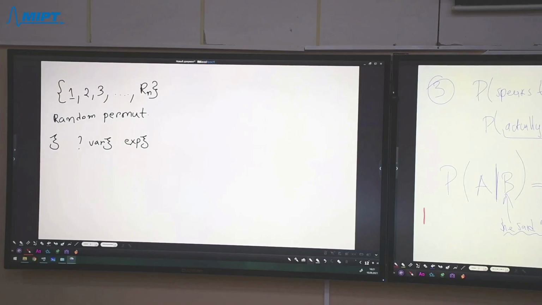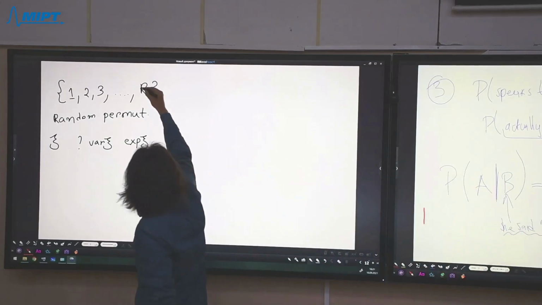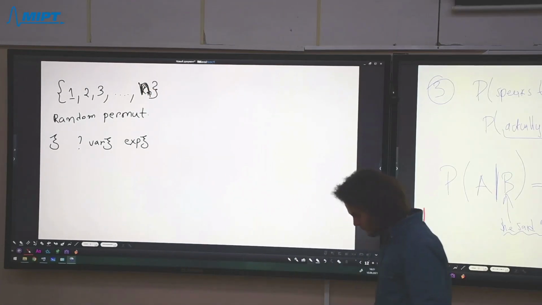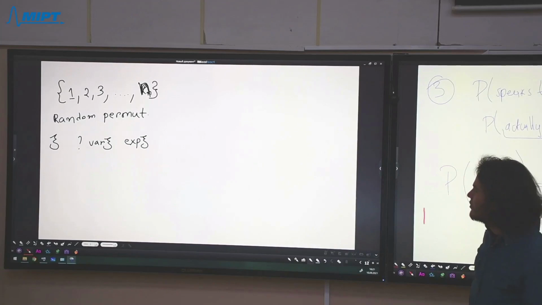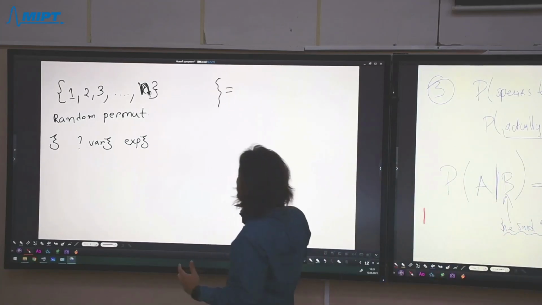Yes. So what do we know about this random variable? How can we express it? So we have n, not r, but n here, right? Oh yes, sorry. So we have n students, so we can express this psi as something.